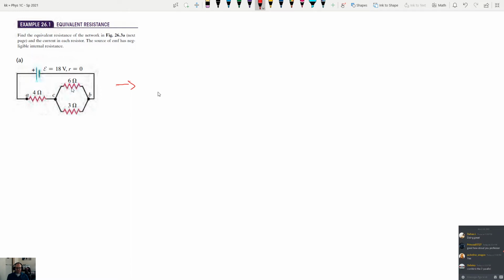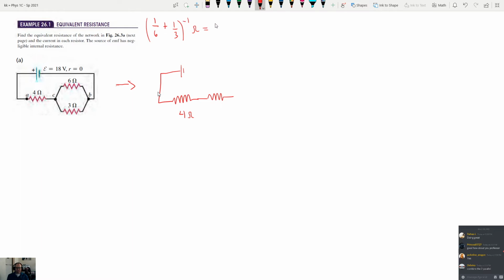So to combine those two, we're still going to have our battery. I shouldn't keep saying battery. It could be any voltage source. We're still going to have the 4 ohm right here. These two are going to reduce down to something, and what they'll reduce down to we get from doing (1 over 6 plus 1 over 3) raised to the negative 1 power, and the answer is going to give us ohms. 1 over 3 is like 2 over 6, plus 1 over 6 is 3 over 6.